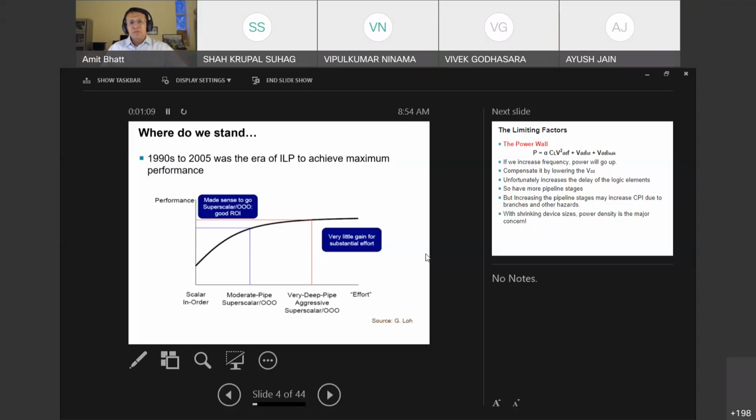People would say, okay, a 500 megahertz processor is faster than a 200 megahertz processor, so let me go for the 500 one. Then they would say, let me go for a 1 gigahertz processor rather than a 500 megahertz processor, because it is supposed to be faster.